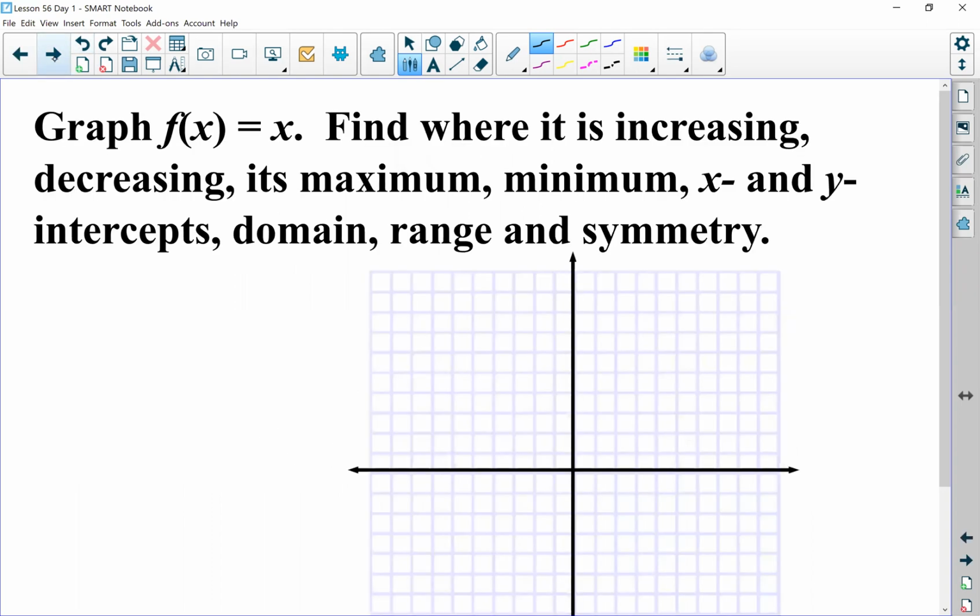So we're just going to start with graphing x. We're going to talk about where is it increasing, decreasing? Does it have a minimum or a maximum? The x and y intercepts, the domain, the range, and any symmetry. And my guess is most of us won't need to use kind of that shotgun approach. I think most of us know that x is linear and it has a y-intercept at 0 and the slope is 1.